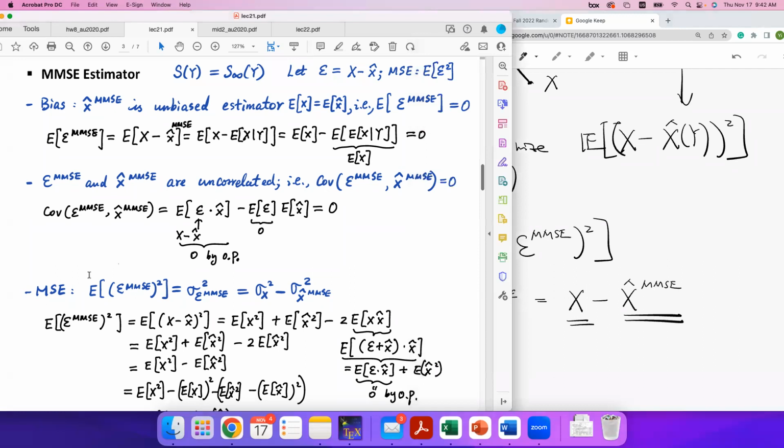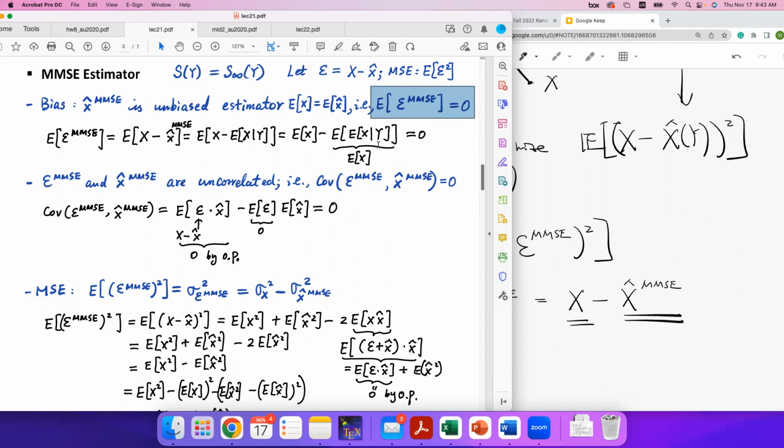Now the first thing we can observe is that this epsilon MMSE has zero mean. This error has zero mean, which follows from the estimator being unbiased.